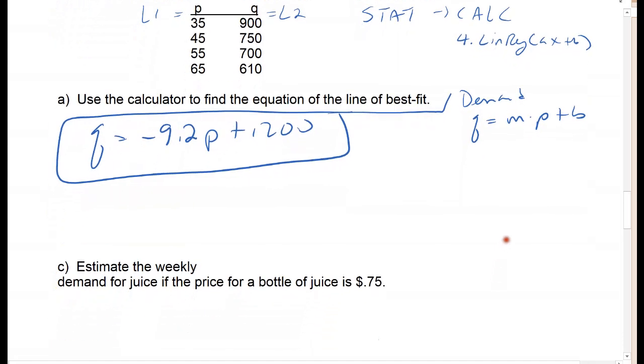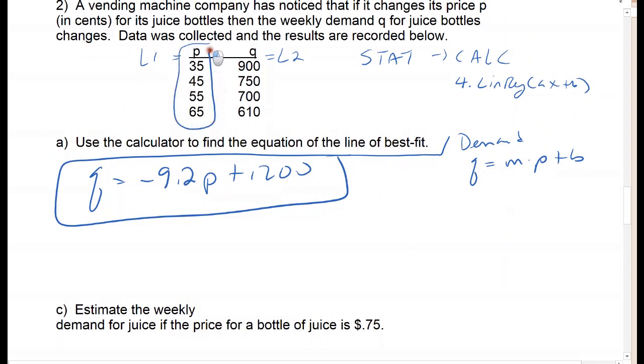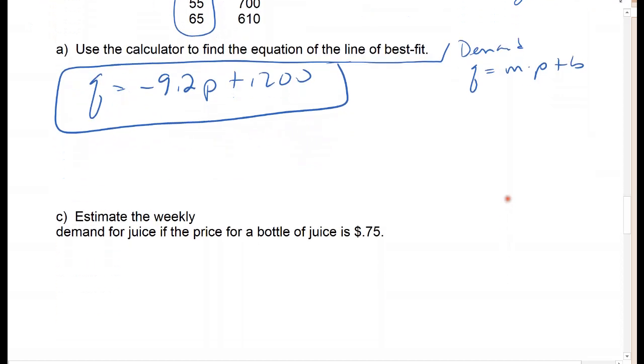All right, now we're going to use it. Now make sure you're careful. Remember, these are cents, so 35 cents, 45 cents, 55, 65, and then that's the number of bottles. In WebAssign, you've got to be careful. There's a couple problems where they give you dollars even though price is in cents.